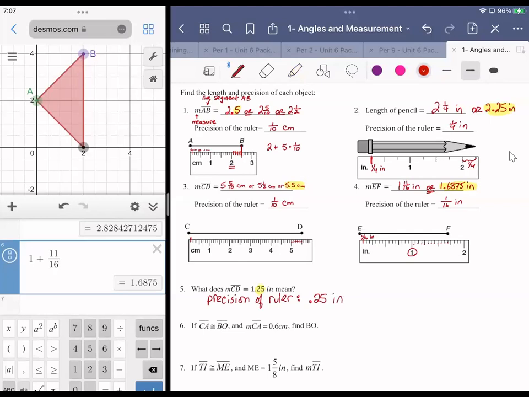Okay. And so the measure of CD being equal to 1.25 inches is the same as 5 0.25-inch increments.